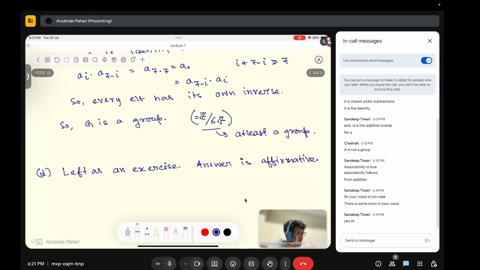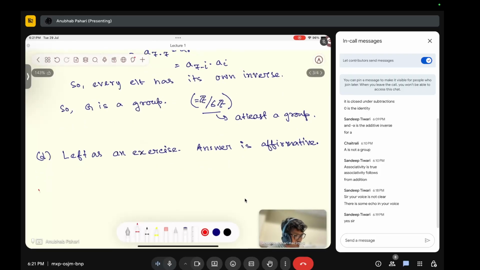Okay, so we'll go to our next question. But before that, we'll be knowing what is an abelian group. Because these are all like starting points of algebra 1.